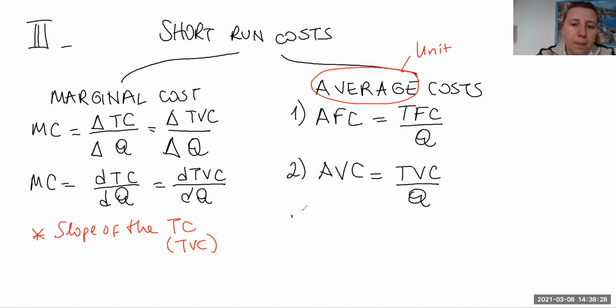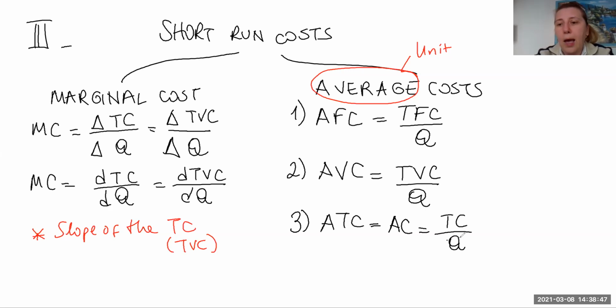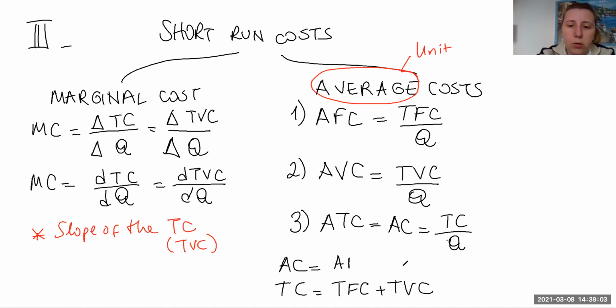And the third one, in some textbooks, is called ATC, average total cost, but I prefer to use average cost only, AC, which is the unit cost of production, total cost over Q. And of course, average cost, just like total cost, is the sum of total fixed cost and total variable cost; the average cost is also the sum of the average fixed cost plus average variable cost.